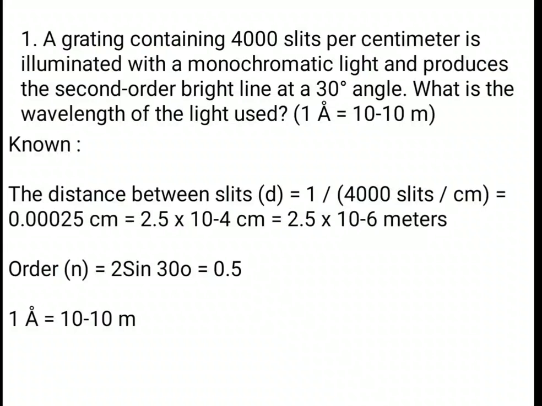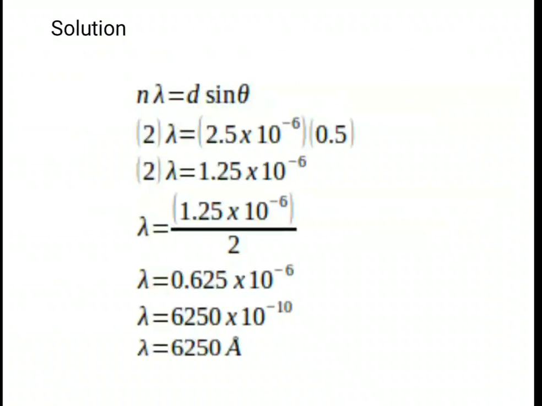As given, the wavelength of the light used is 1 angstrom, that is equal to 10 power minus 10 meters. Formula for this problem is n lambda is equal to d sine theta.